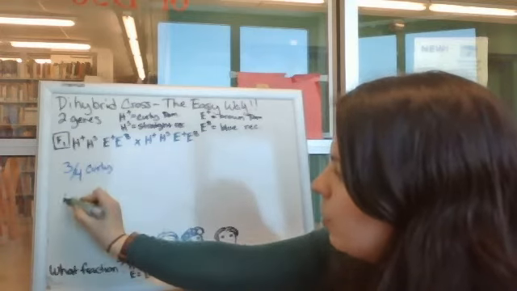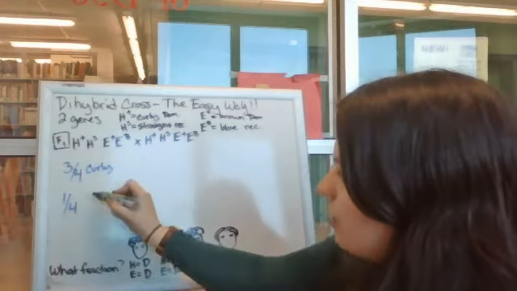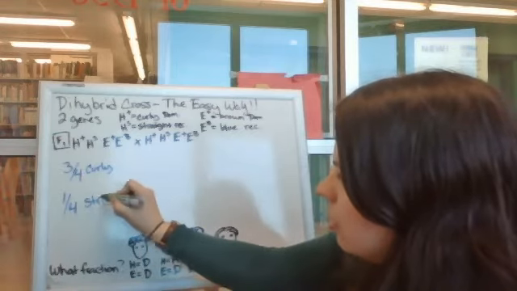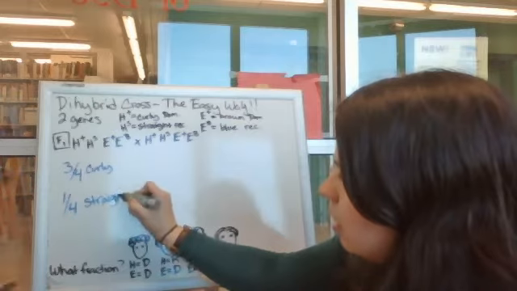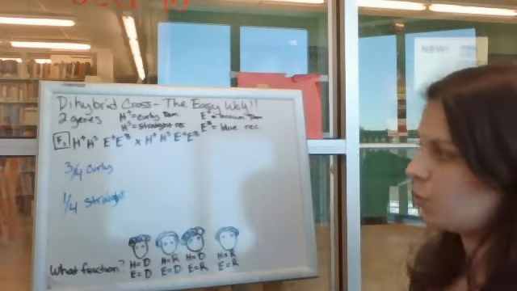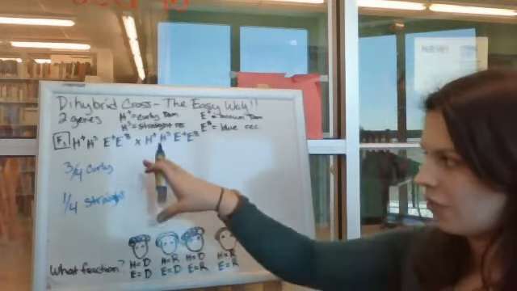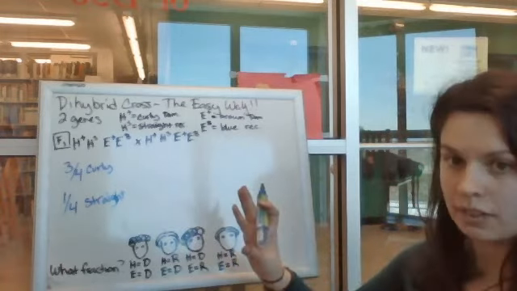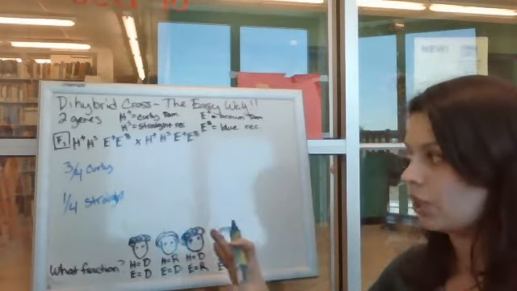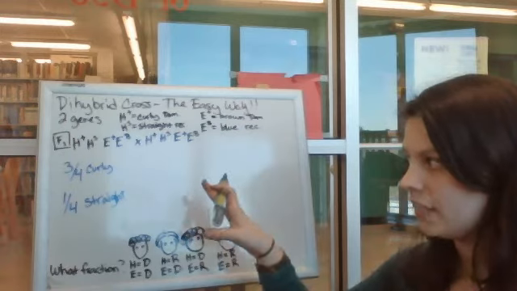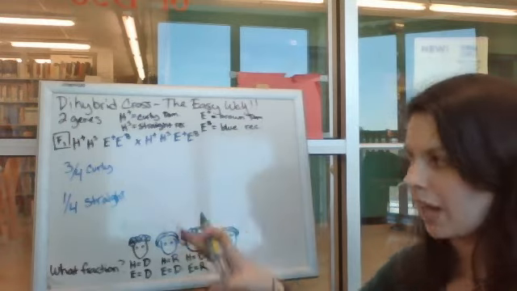And then we know 1/4 of the offspring are going to be straight-haired. Okay, so we have our first trait, right? Our first probability. We know probability of curliness is 3/4, is 0.75.